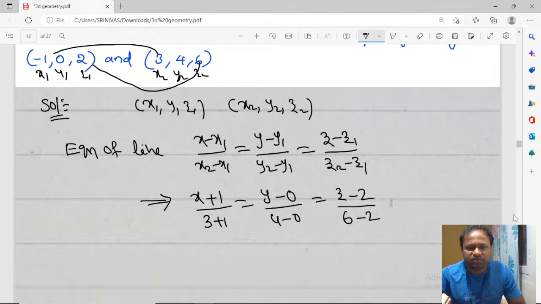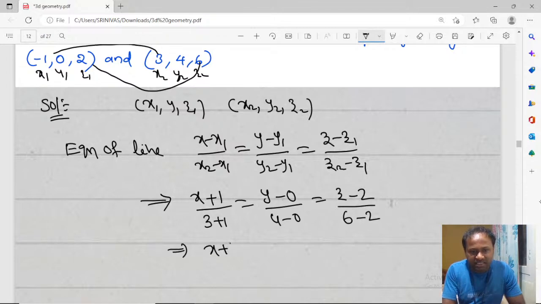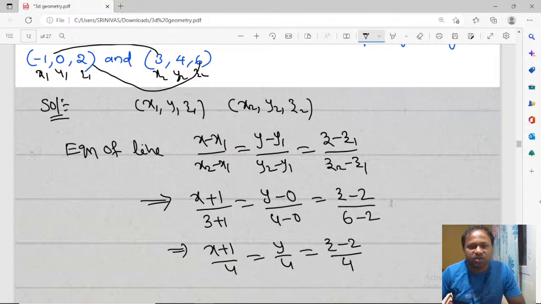Just simplify this and you will get the answer. x plus 1 divided by 4 is equal to y by 4 is equal to z minus 2 by 6 minus 2, value 4. So this is the form of the equation of the line passing through 2 points.